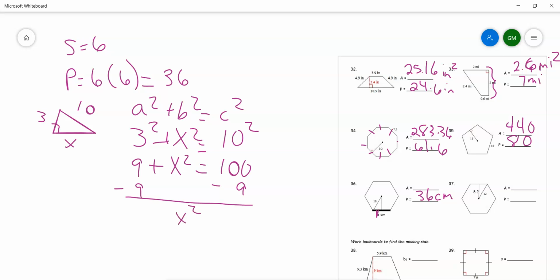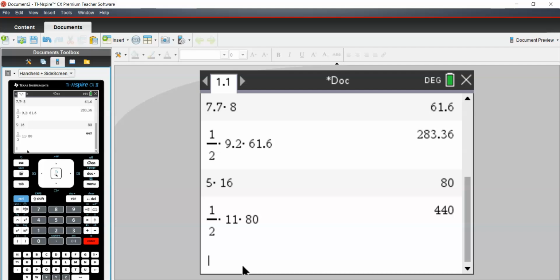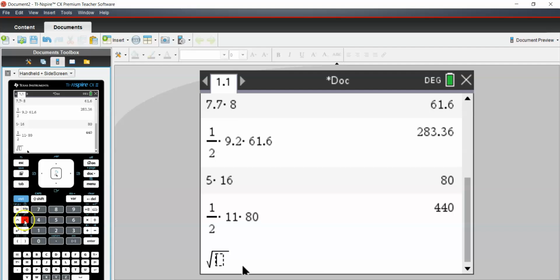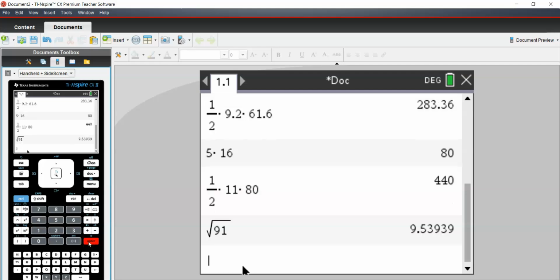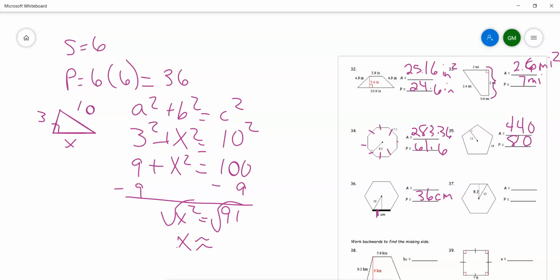We get x squared equals 91. Take the square root. And let's see, x is approximately 9.54. So let's add that data up here. A is about 9.54.